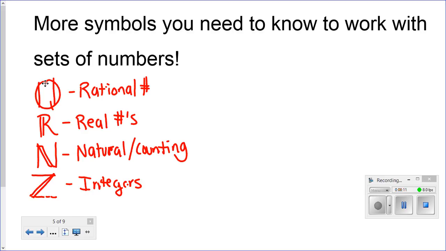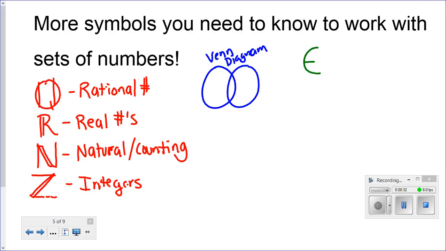Another picture we're going to be looking at today, which describes sets of numbers, is a Venn diagram. I know you've seen these before. Venn diagrams show relationships between different types of elements. So we're going to be looking at the Venn diagram, and it's going to be talking about our different elements of sets of numbers, and not elements.